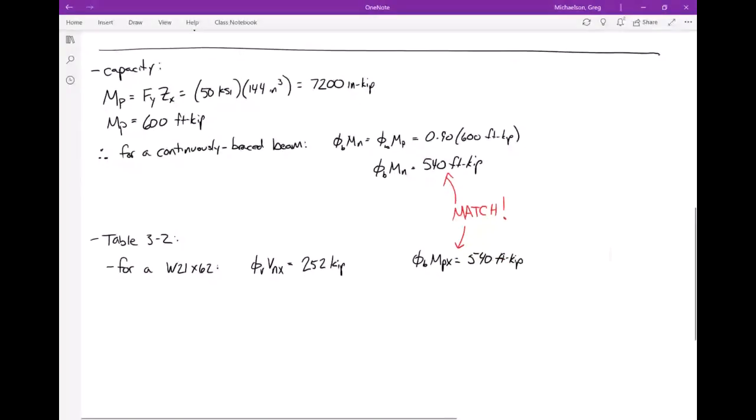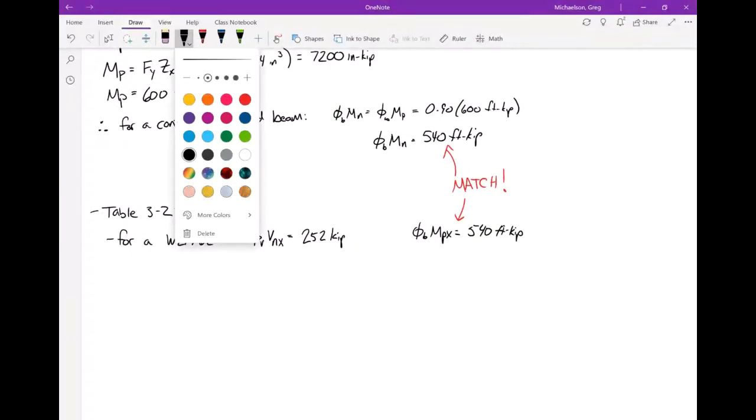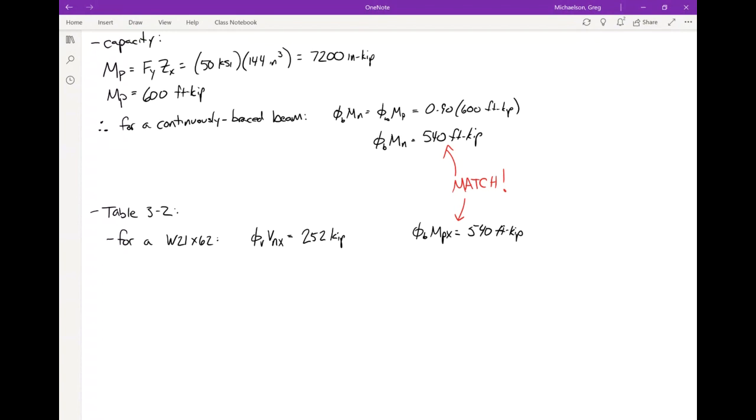Okay. So to summarize the capacity, let me show you something. All right. So therefore, we got a phi Mn of 540 foot kips. Now, remind me, what was Mu? Somebody in chat, tell me, what was Mu? 470.3.